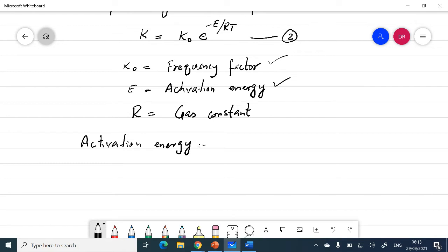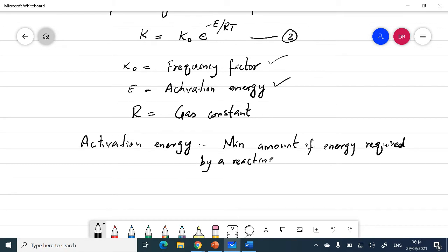Okay, activation energy is the minimum amount of energy, or external energy, required by a reacting molecule to get converted into product.